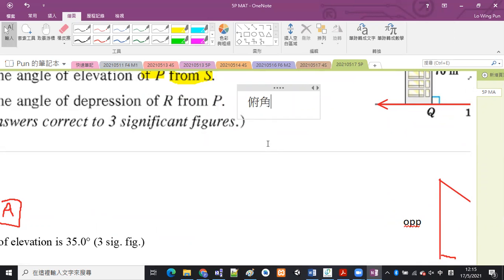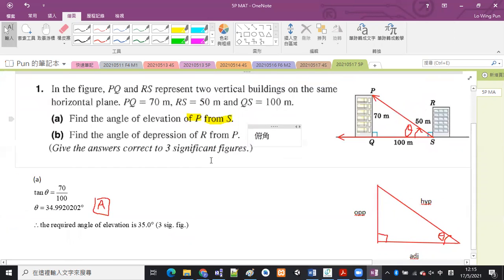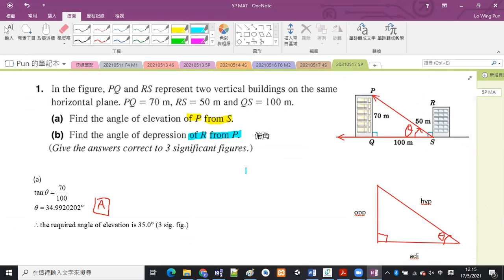So in part B, the question asks us to find the angle of depression of R from P. So the eyes are located at point P. We are at point P, and we want to look at point R. First we need to draw out the horizontal direction, starting from P and looking to the right side.